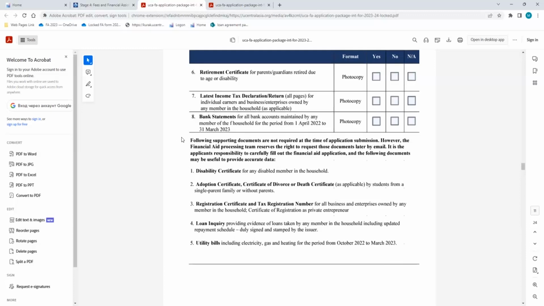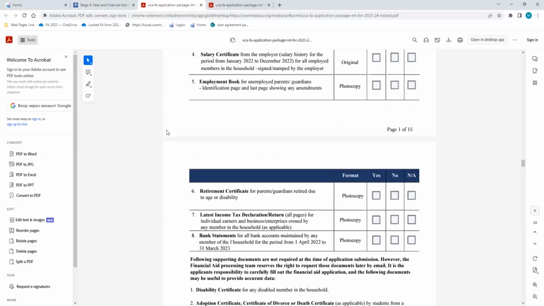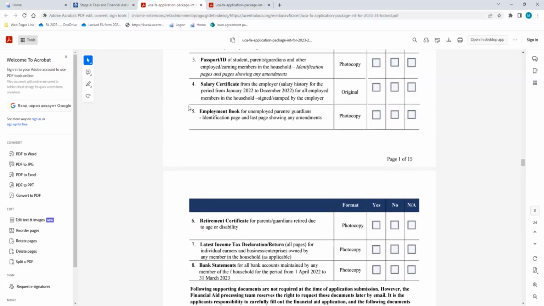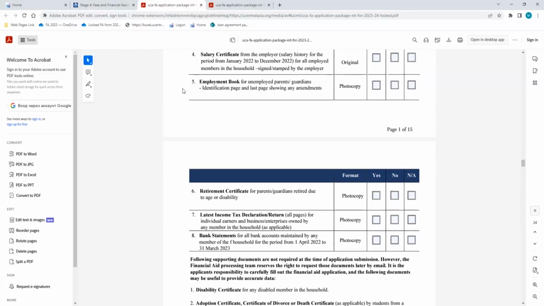It is also a yearly period, but the period is different. So please pay attention to these things. It differs from the salary certificate, which is from January 2022 to December 2022.